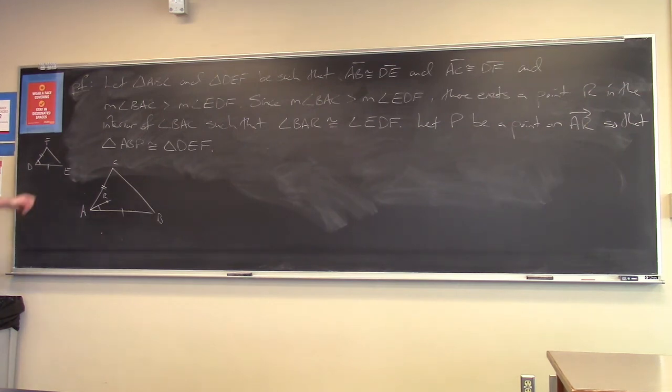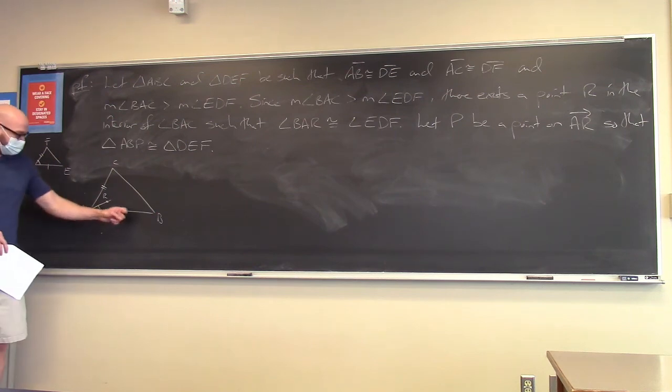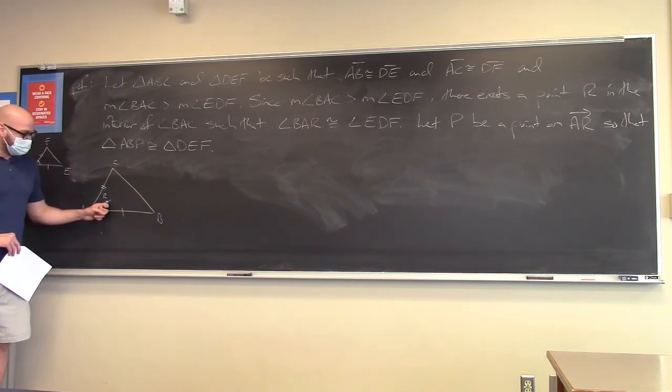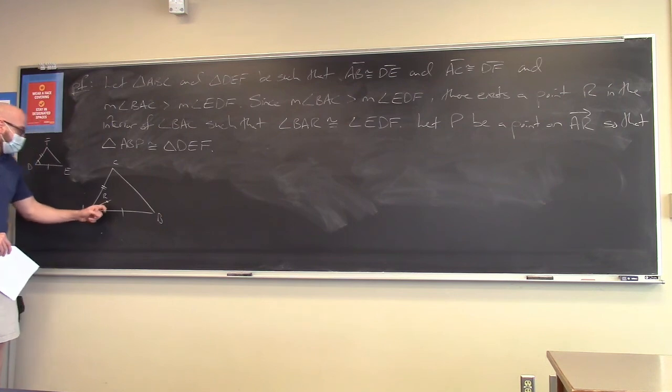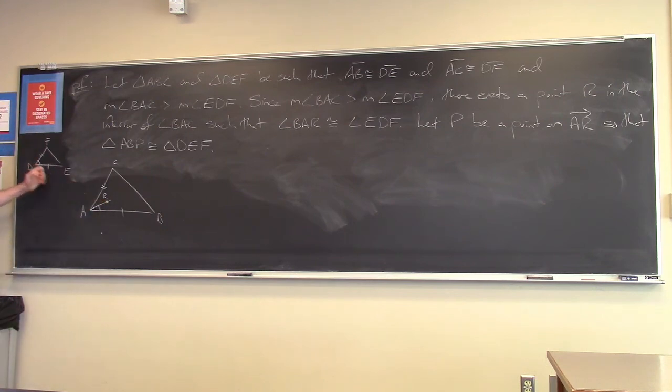BAR is congruent to EDF. Okay, so that was the first thing we did. We chose a point R. We know there's a point R in the interior of this angle, so that we construct this smaller angle on the inside.